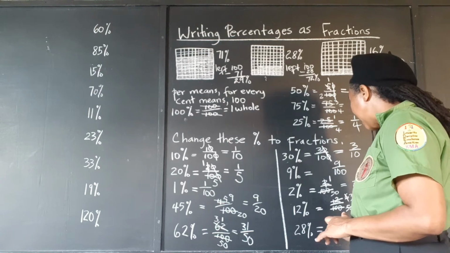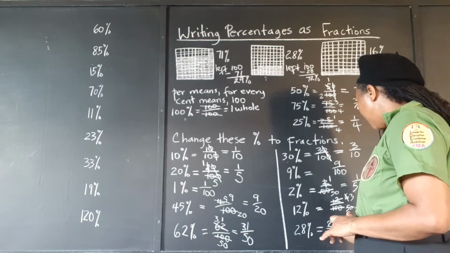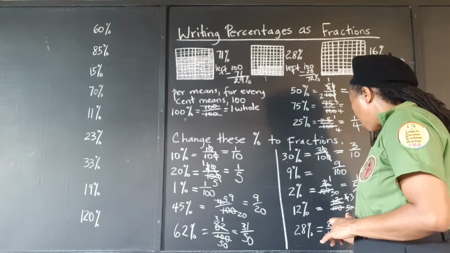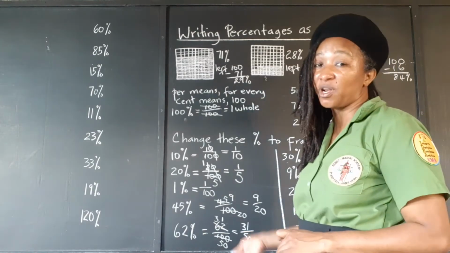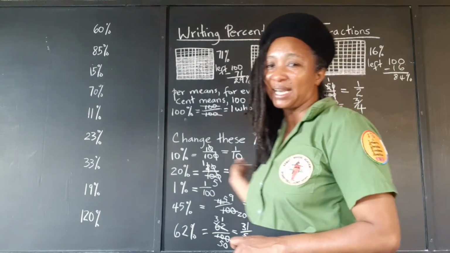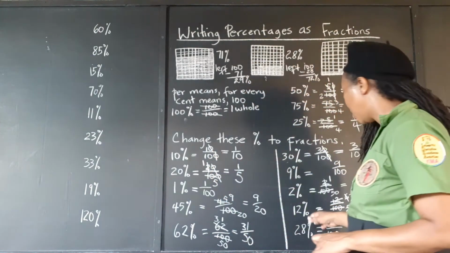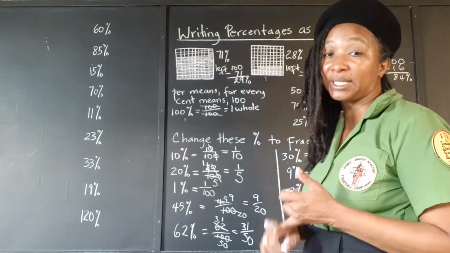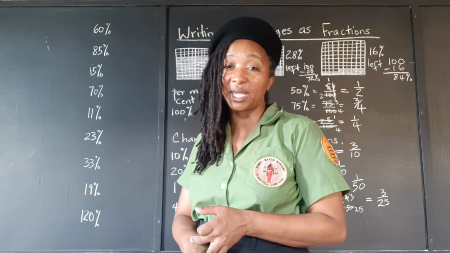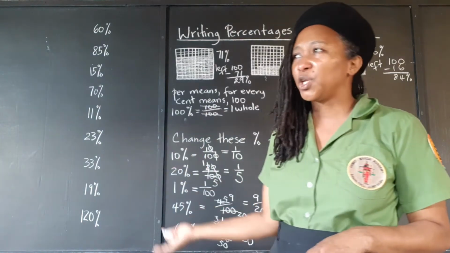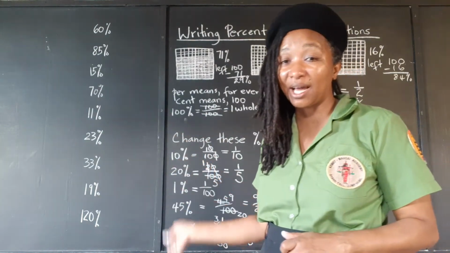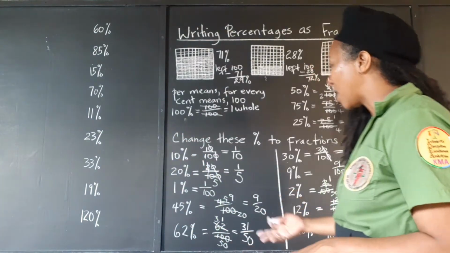28%, so that's 28 out of 100. We're going to use 4 this time. We're not going to make the same mistake like we did with the 12. We know that 4 can go into 28. We know that 4 can go into 100. If you use 2, you're going to have to cancel another time. So we are on top of things.